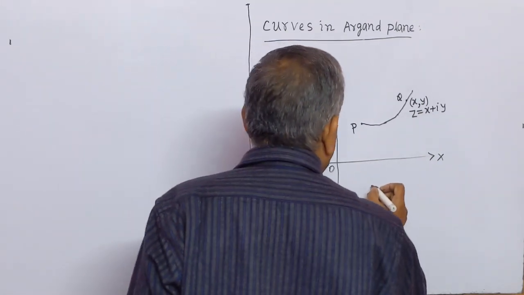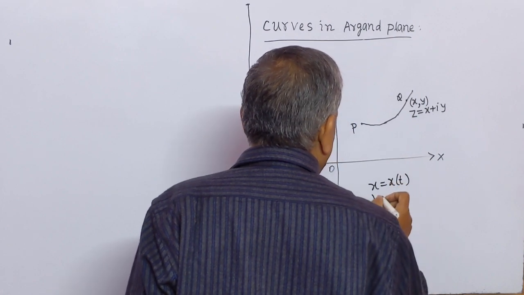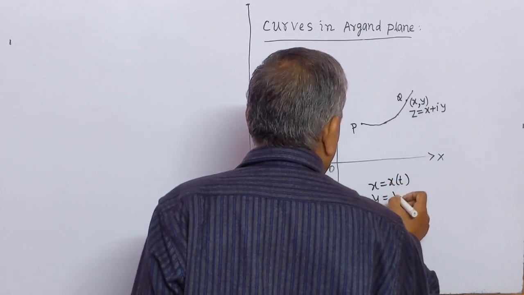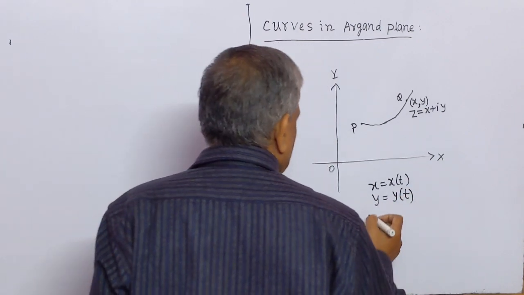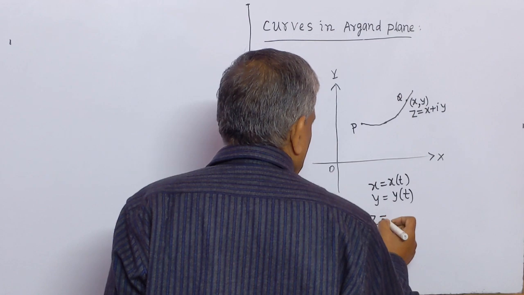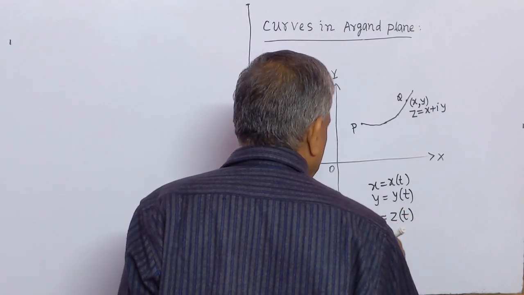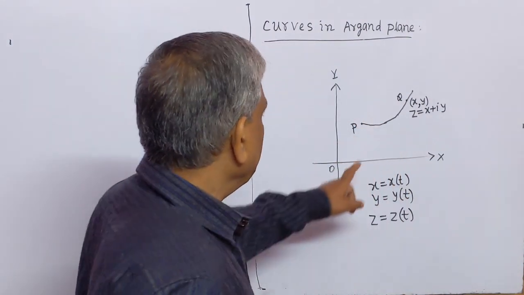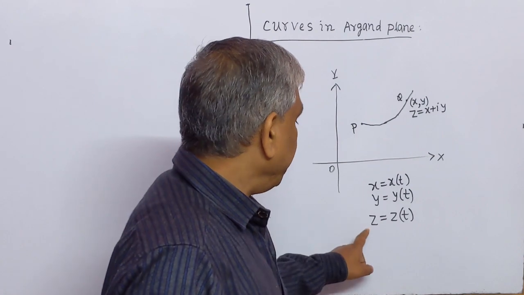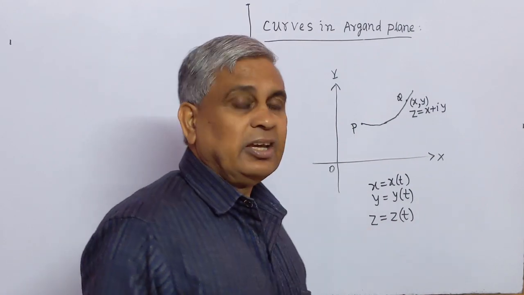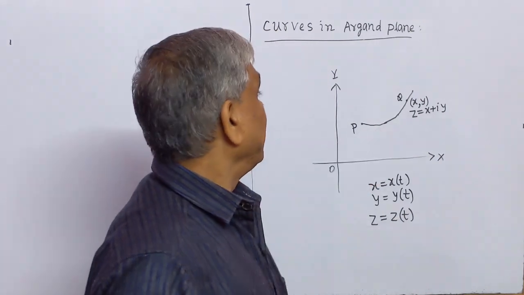Therefore, x is a function of time and y is also a function of time. That is, z is also a function of time. This z equal to z(t) represents a curve. Therefore, z equal to z(t) represents a curve on the Argand plane.